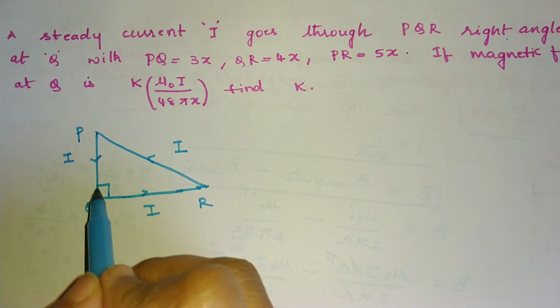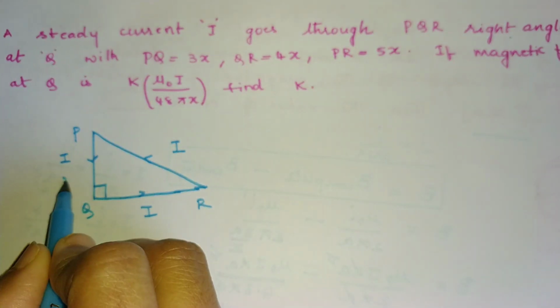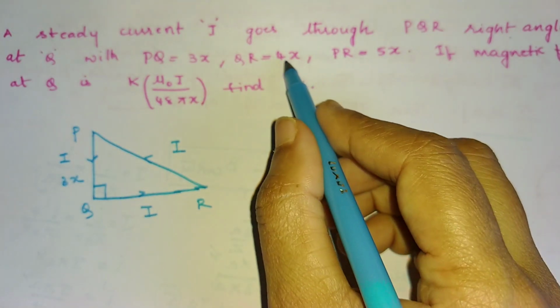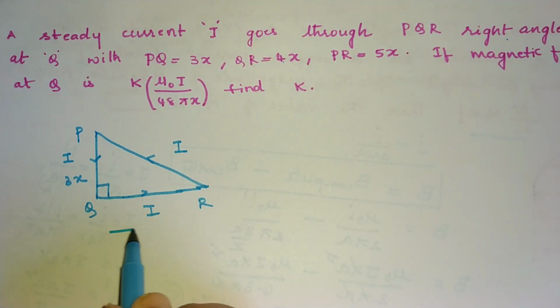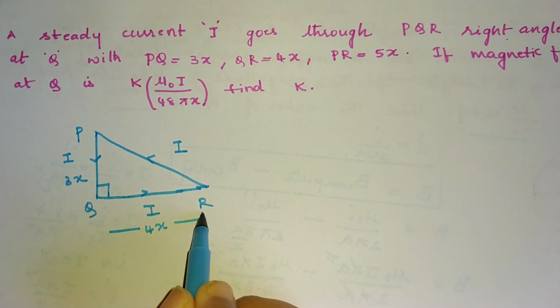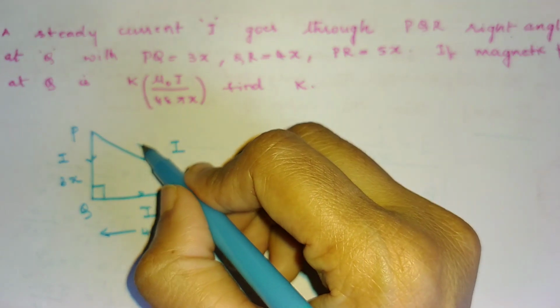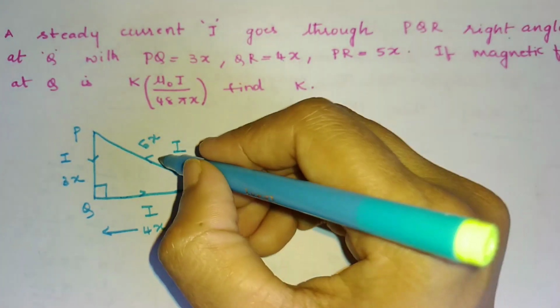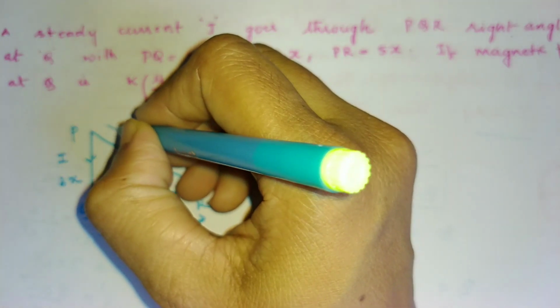Then the length of PQ is given as 3x. QR is 4x. And obviously this will be 5x. It's a right angled triangle.